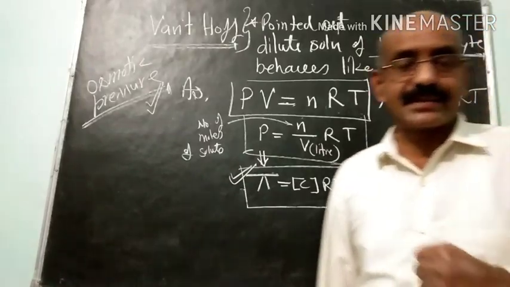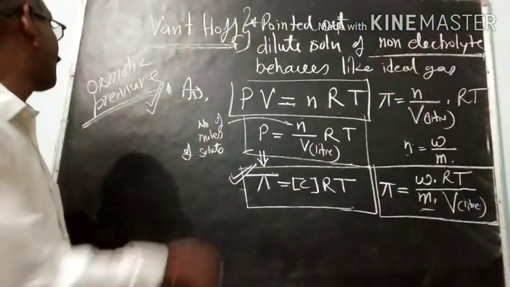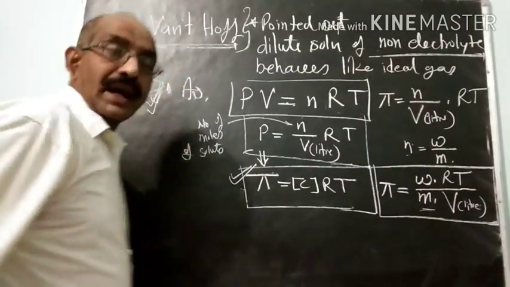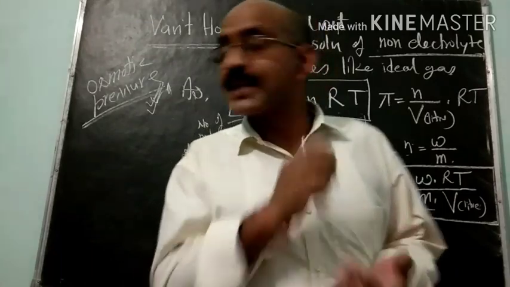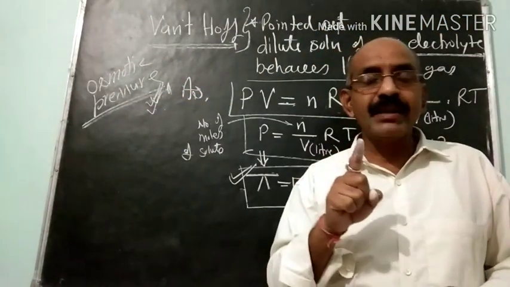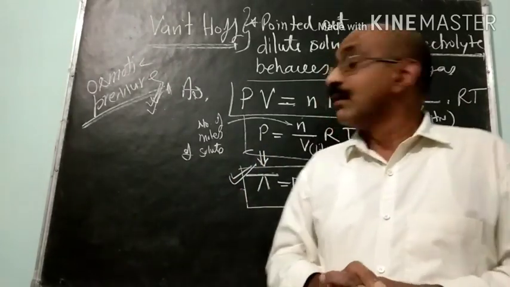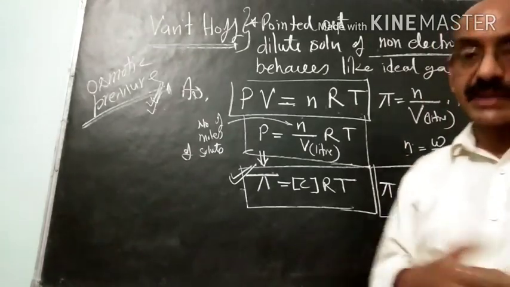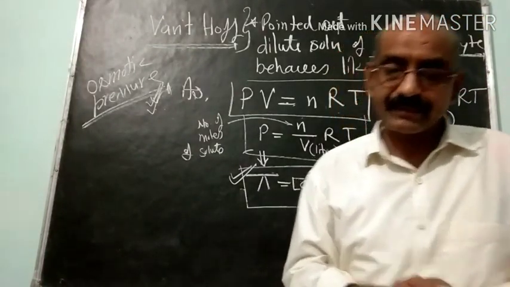They are temperature sensitive, while you can determine osmotic pressure at ordinary temperature also. That's why osmotic pressure is the most reliable method for determining the molecular mass of biomolecules. Is it clear?